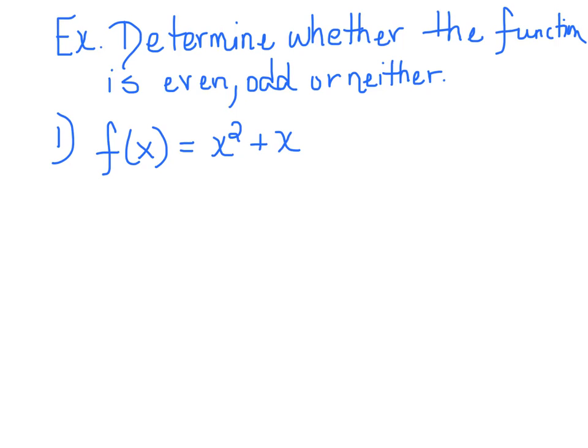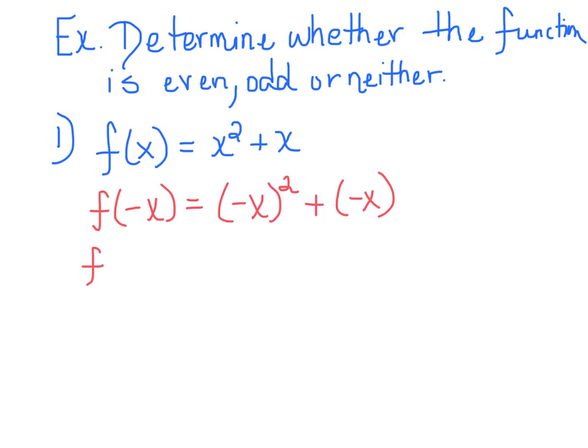First thing we do is try to determine whether it's even. To do that, everywhere we see x in this function, we're going to replace the x with negative x. So we'll have negative x squared plus negative x. Of course, we want to simplify that, and we see that f of negative x is equal to x squared minus x.